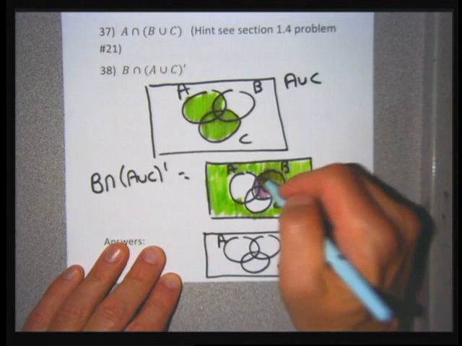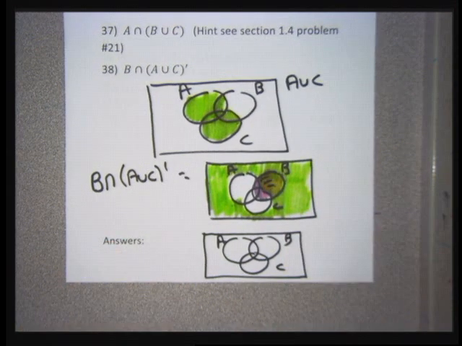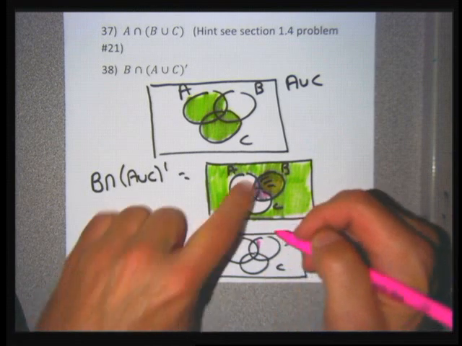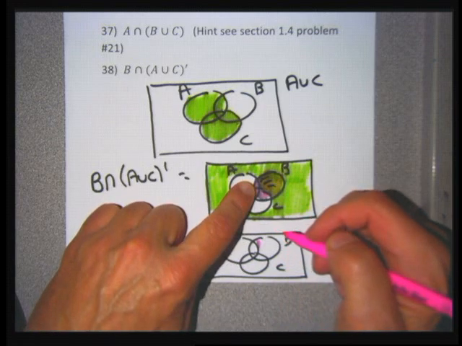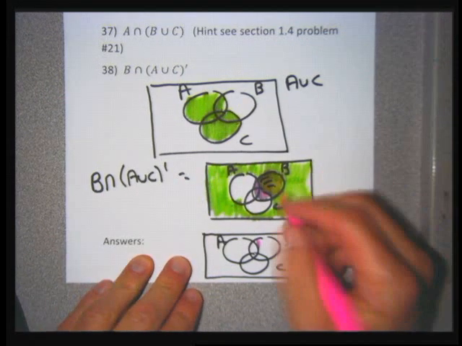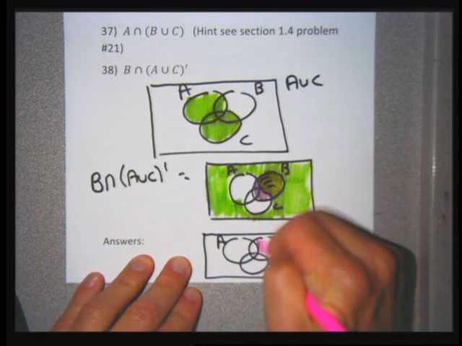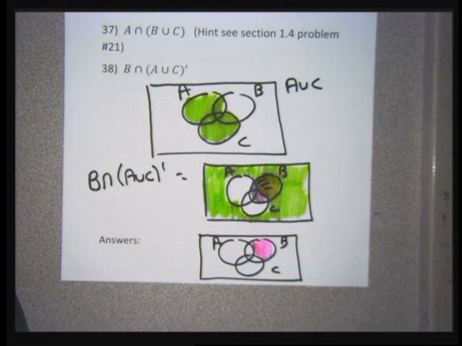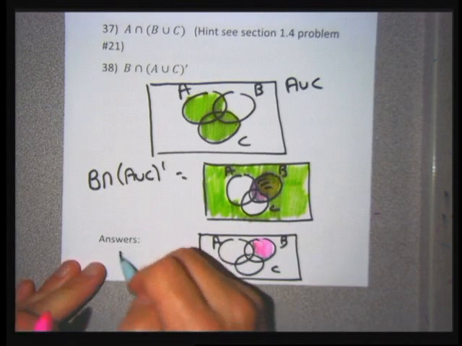I can definitely tell the colors are overlapping there, and that's the only region where the colors are overlapping. Because in this region right there, there's only the pink from the B graph. And out there, there's only the green from the A union C complement. So that's a picture of B intersection A union C complement, completely shaded.